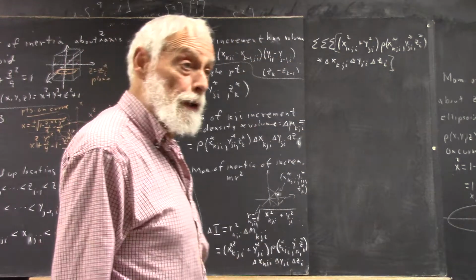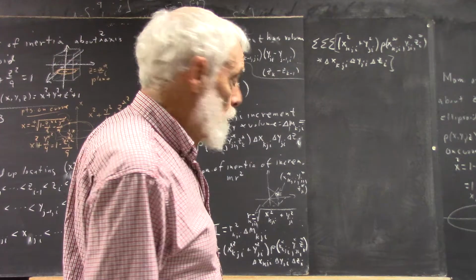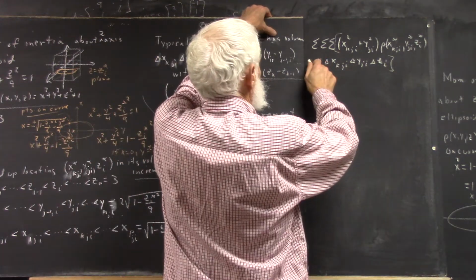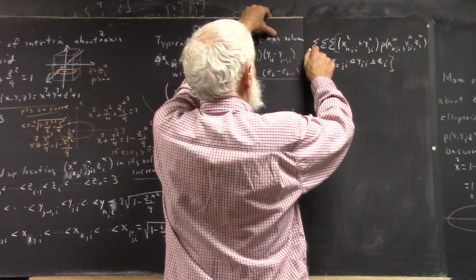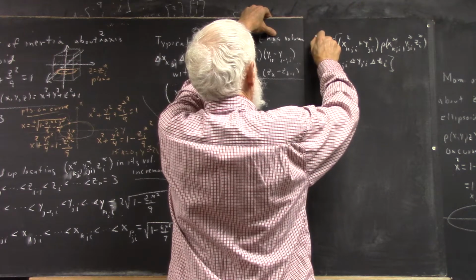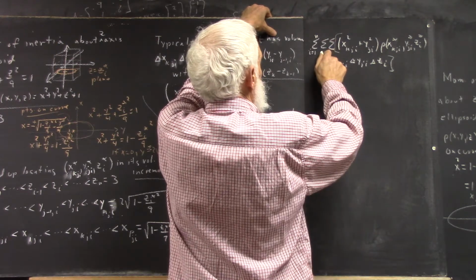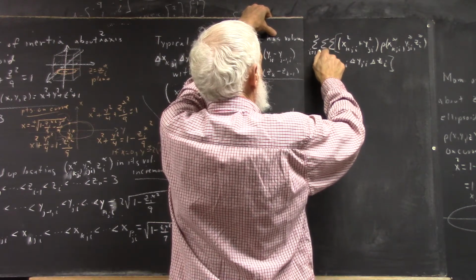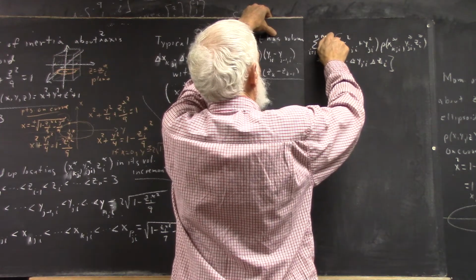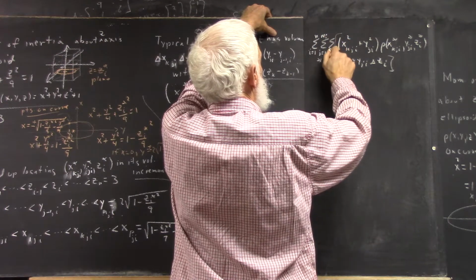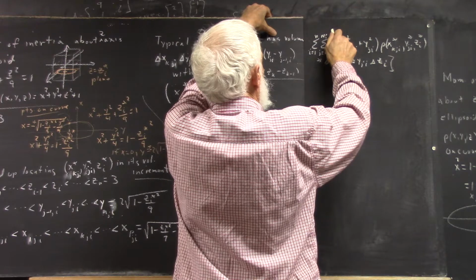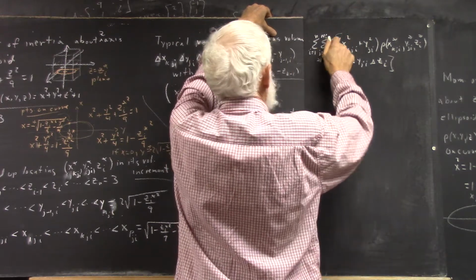So it's that sum, where i goes from 1 to n, j goes from 1 to m sub i, and k goes from 1 to p sub ji.